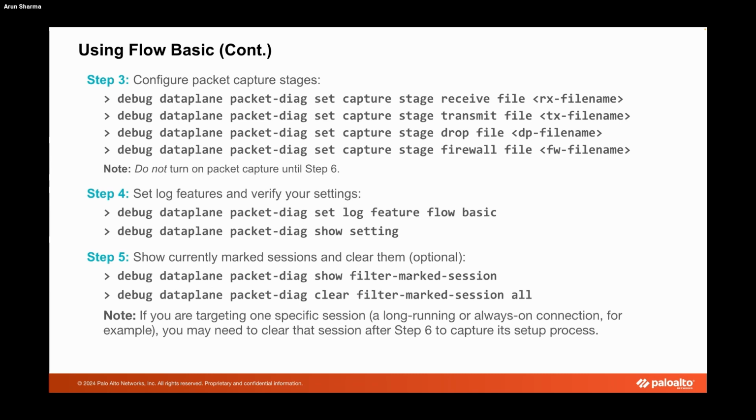You can always clear the filter mark session. This is optional. If you are trying to do a flow basic on the same packet filter, you can clear it completely so that everything will be recorded from the start. We don't want to see anything old.